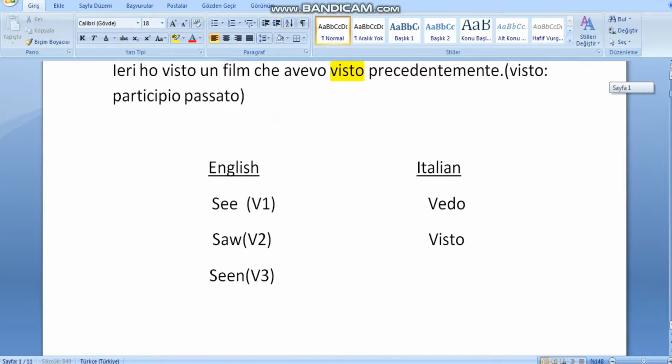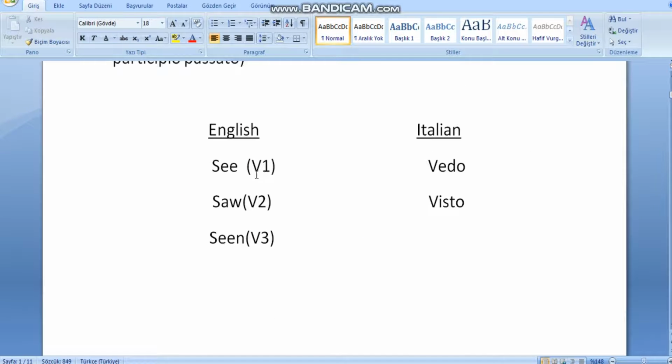So simply put, we can say that the past participle of a word in Italian remains the same as long as it has the auxiliary verb avere. In Italian, in order to form a composed tense, we use an auxiliary verb.